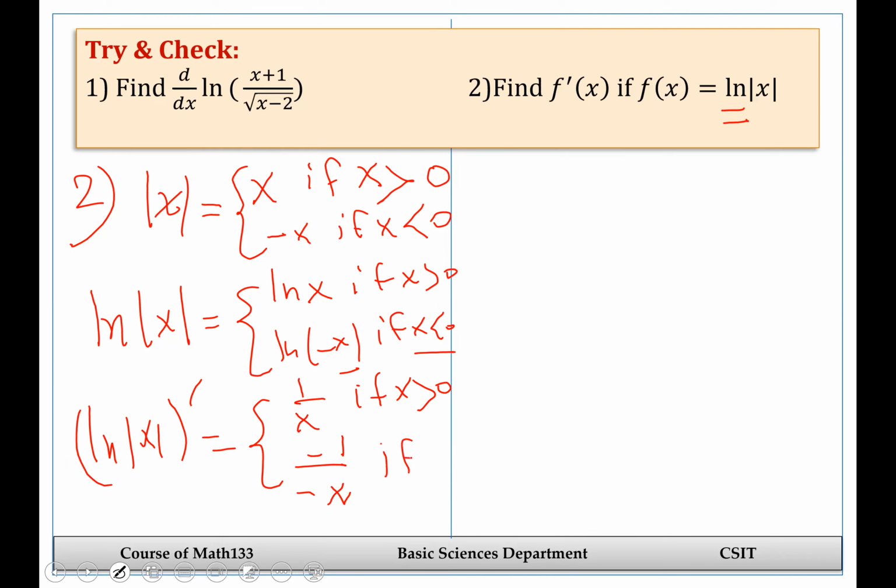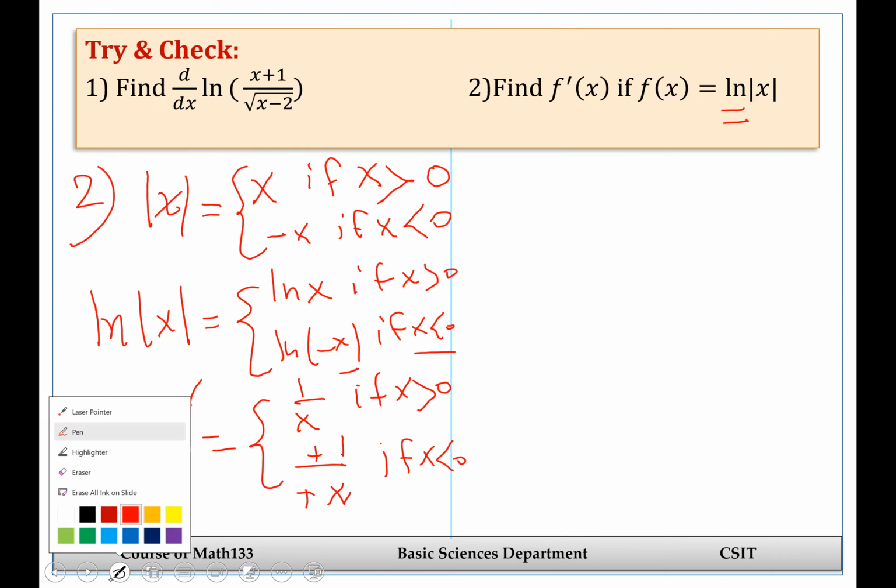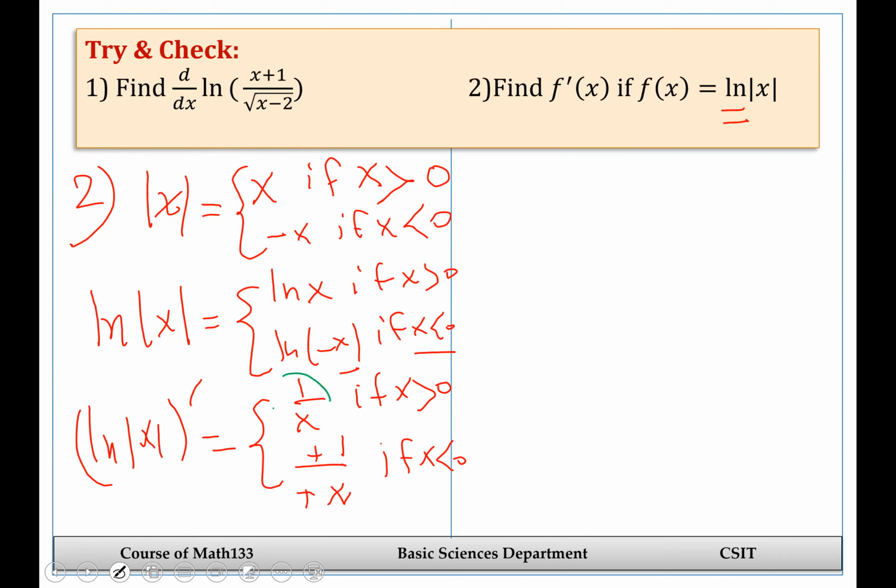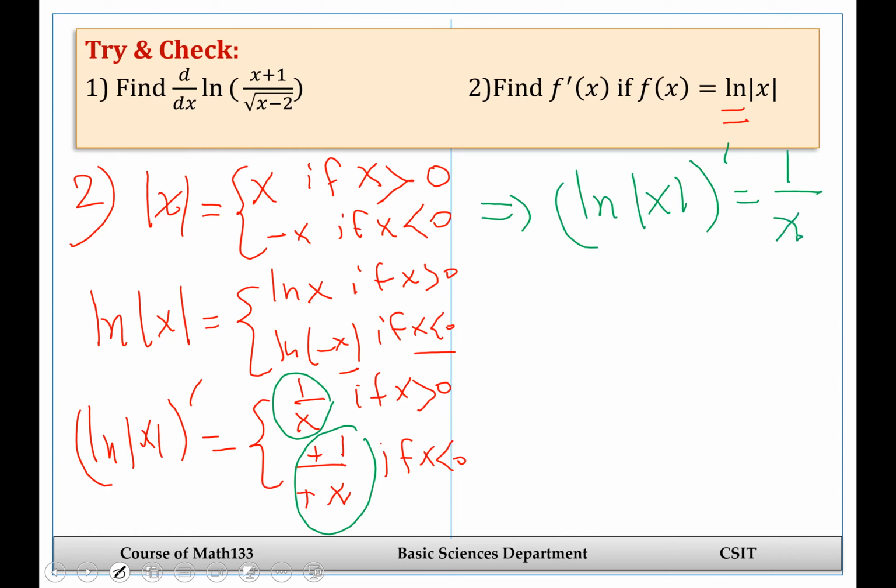So if x is negative, you see here that we can get rid of this minus. And in fact, in the end, we will have all the time 1 over x. So the conclusion is that the derivative of ln absolute value of x will be all the time 1 over x.